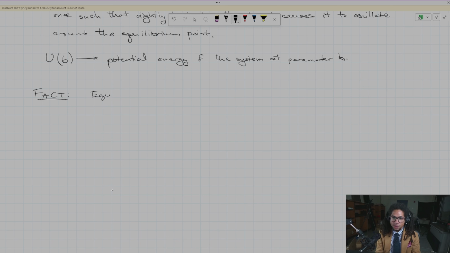An equilibrium point is one such that u prime of b is equal to 0, and a stable equilibrium point is one such that u double prime at b is greater than 0.